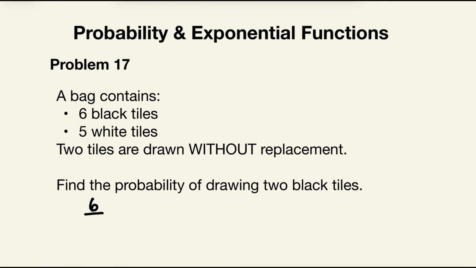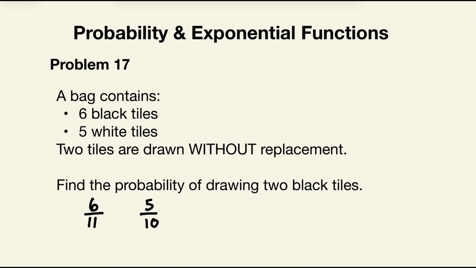The total number on the bottom is 11. All right. Now we have to find without replacement. So remember, without replacement means one black tile is gone, meaning that the total on the bottom is 10. And now the top number changes to 5.